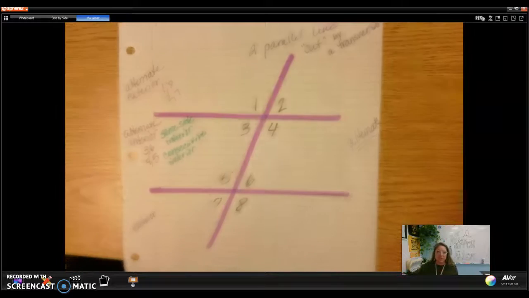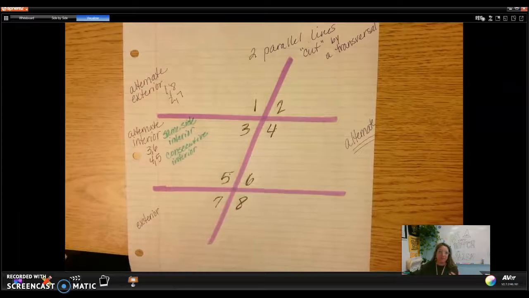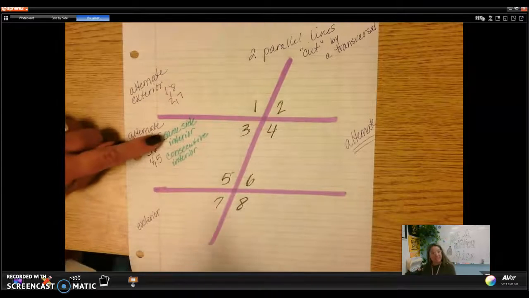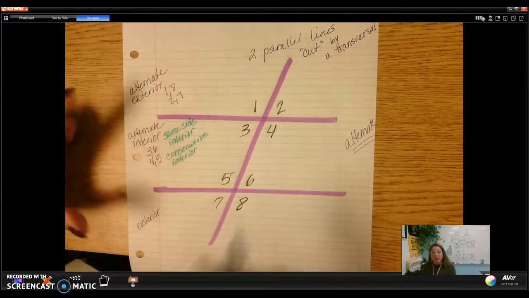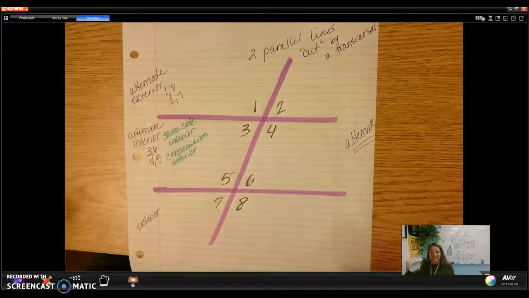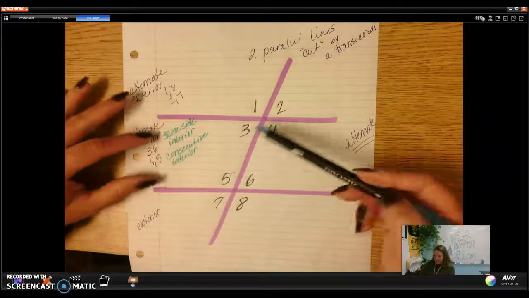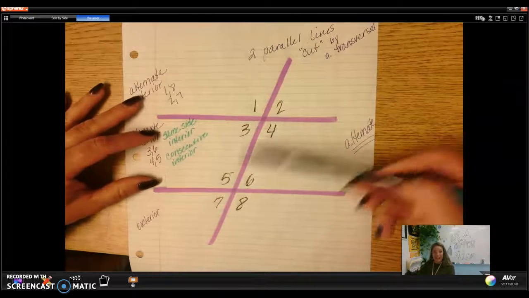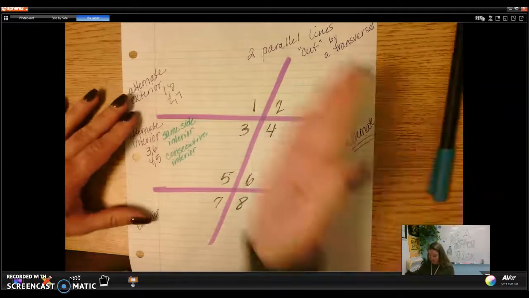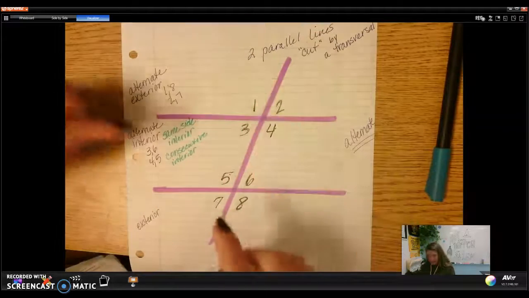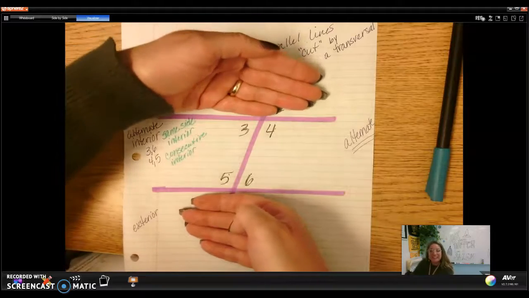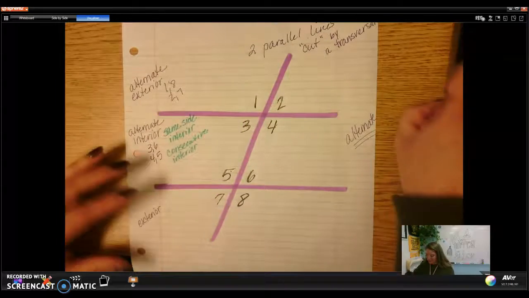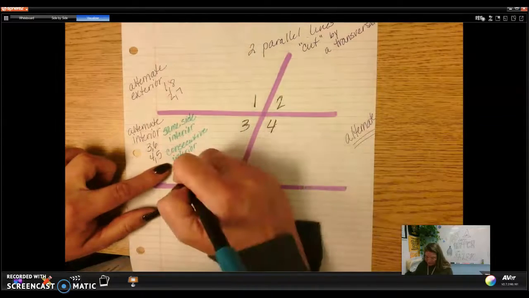So, you know, sometimes I'm Mom, sometimes I'm Mrs. Hunsaker. Sometimes you say same side, sometimes you say consecutive, okay? But consecutive interior angles means that they're on the same side of the transversal. So here's the transversal line. They have to be interior, so they have to be on the inside, and then they have to be on the same side, and so that would be angles 3 and 5.